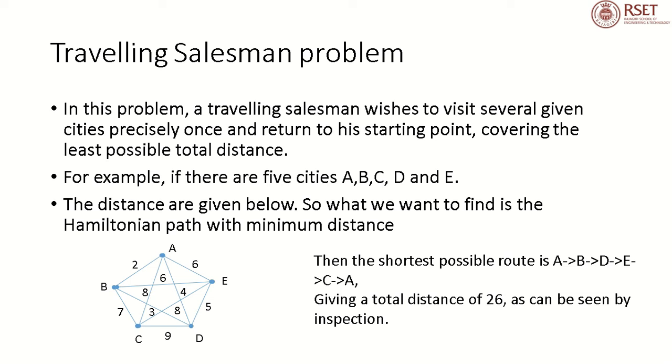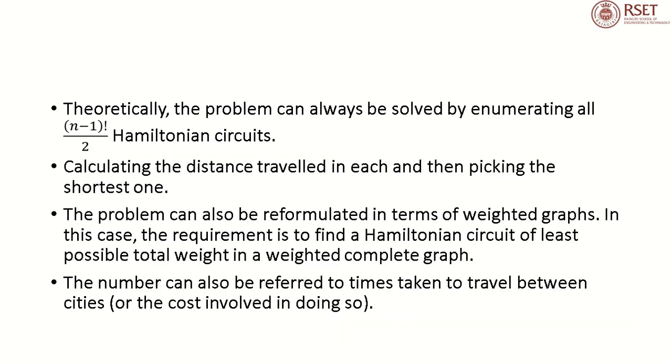From that, we have to find the shortest possible route. From the figure, it is clear that the shortest possible route is A to B, B to D, D to E, E to C and C to A, which gives a total distance of 26. And this is evaluated like this.